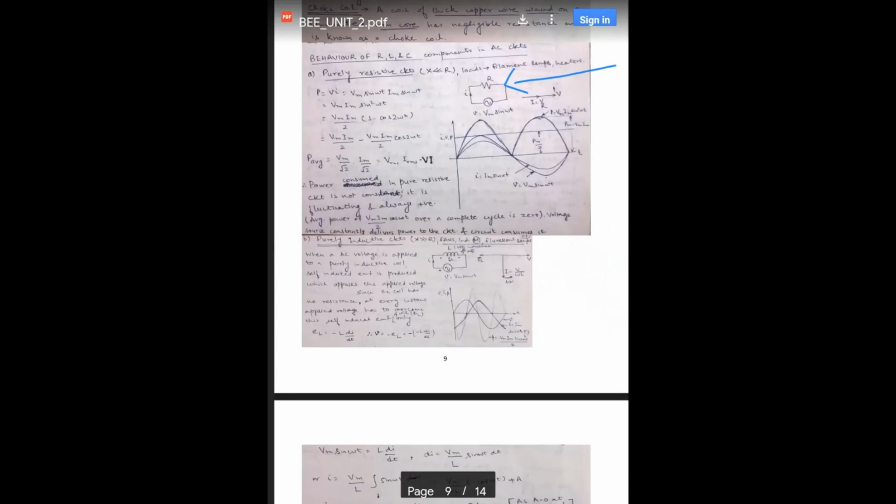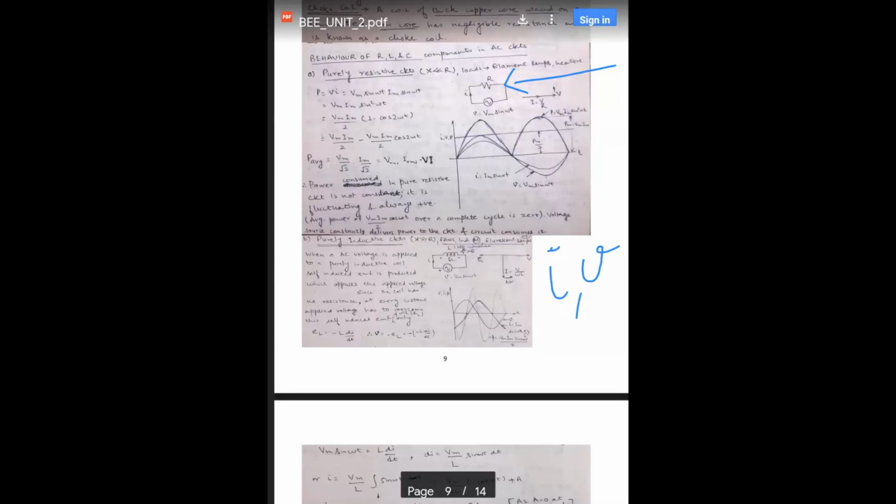You have to keep in mind that if you are denoting the instantaneous current by a small letter, then you have to use small letter v for instantaneous voltage in this circuit.